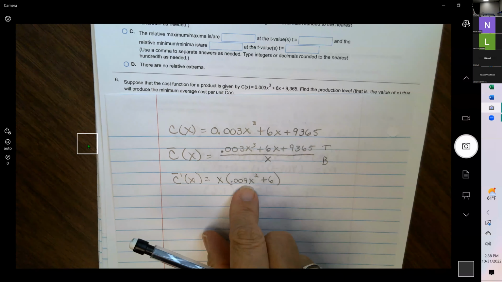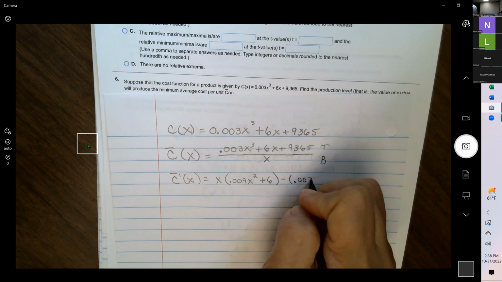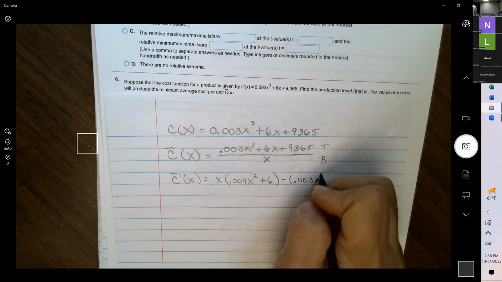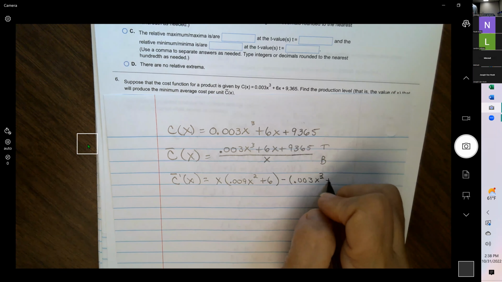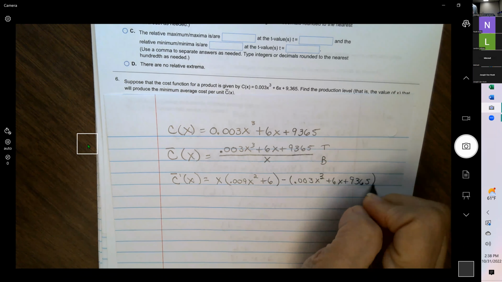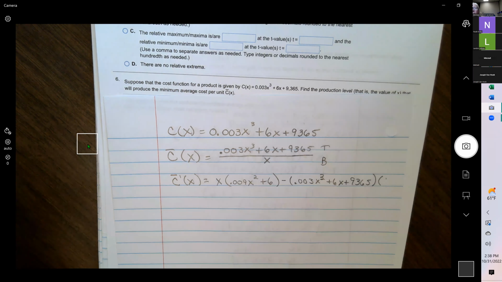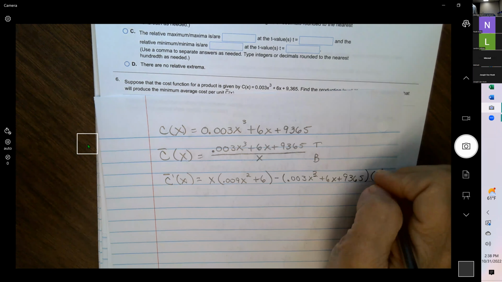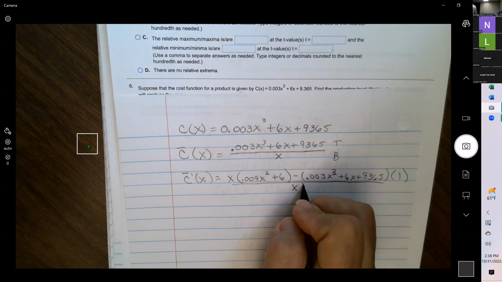So bottom times the derivative of the top minus the top times the derivative of the bottom. What's the derivative of the bottom? 1. All over the bottom squared.